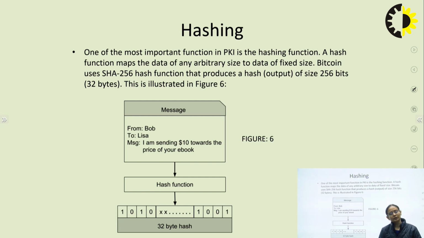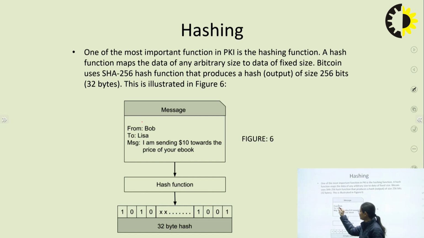This is another important concept which is used in blockchain, and that is the hashing function. We have a special hashing function or hashing algorithm, for example SHA-256, SHA-512, etc., which we can use to get a hash value. So basically, what is a hash function?